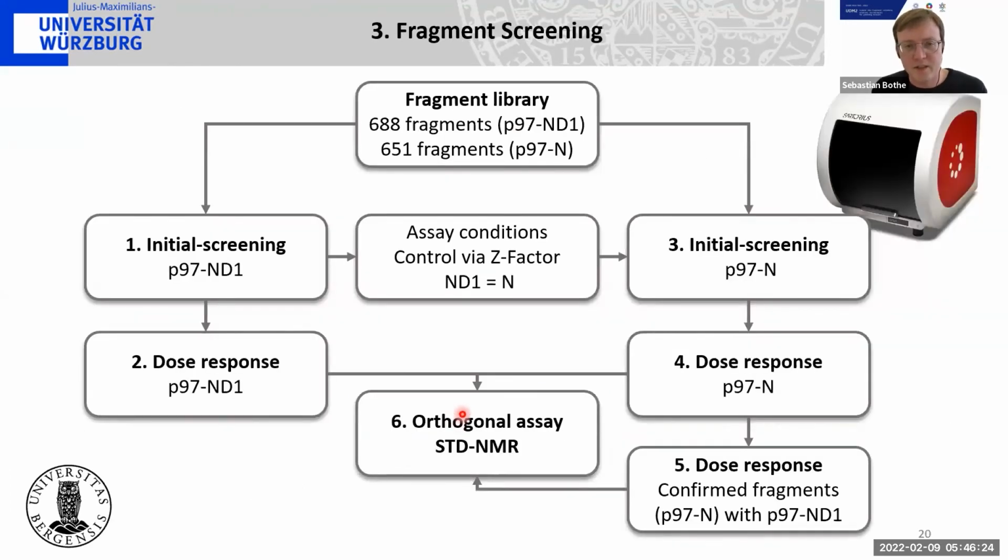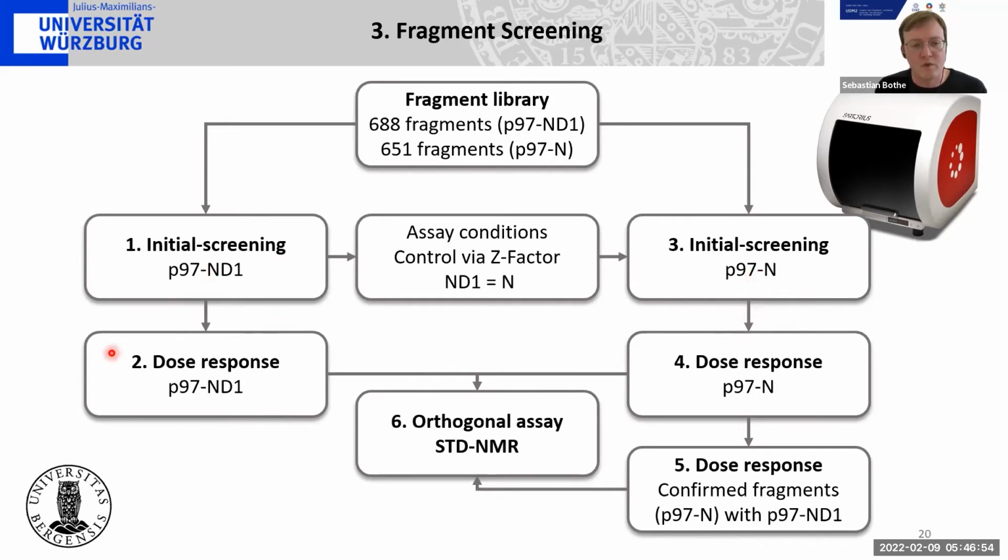After we set up these screenings and the assays, we decided to perform a bigger fragment screening using Biolayer Interferometry as the primary screening method, where we screened the in-house library at the University of Bergen, which consists of over 650 fragments. One big problem at the start was that we had no valid positive control for the isolated N domain.